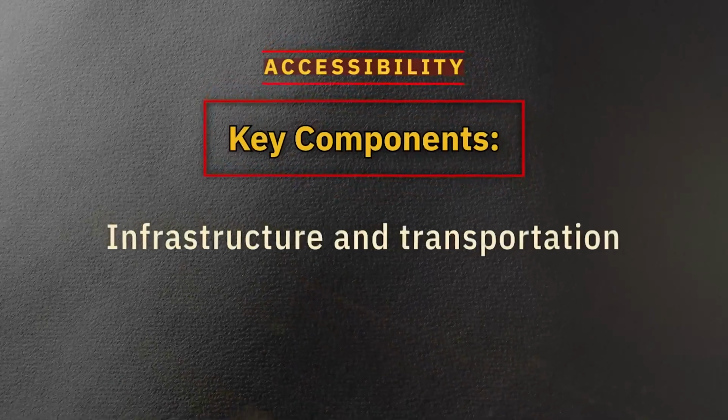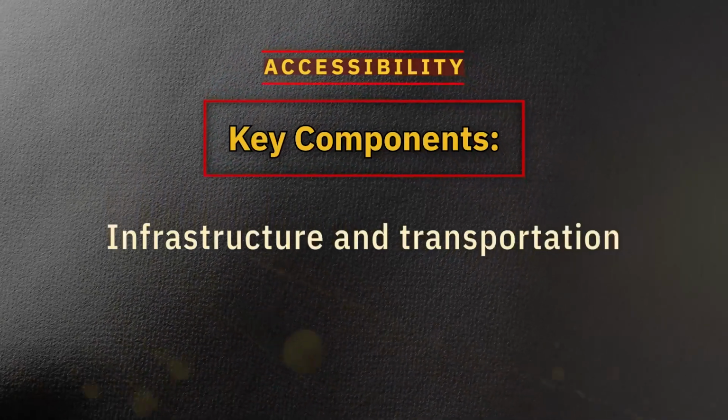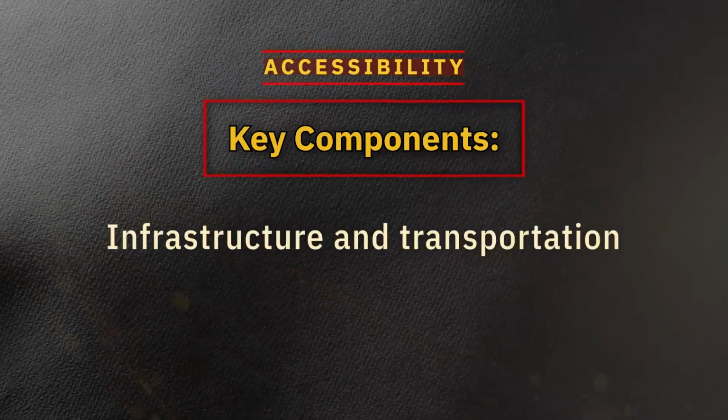Infrastructure and transportation. Infrastructure means the facilities provided through transport network, communication network, electrification network, etc. Otherwise, economy cannot develop. If you want to set up an industry, you will first see what infrastructural facilities are available. Are there roads? Are there railway lines?